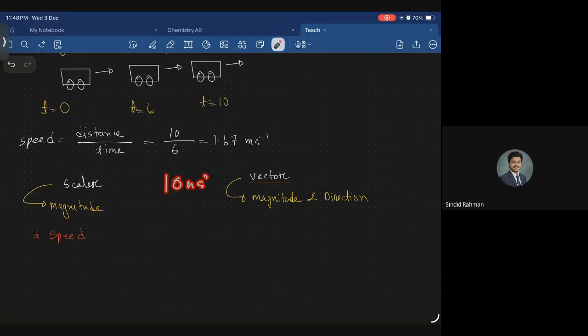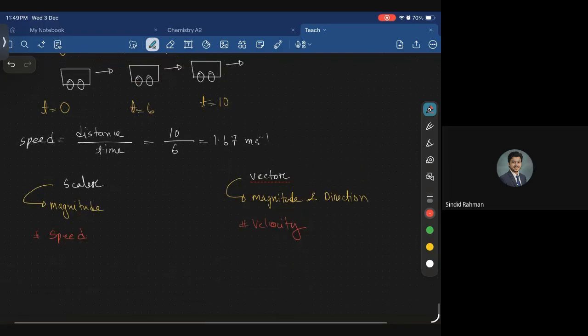But if I tell you that the car is moving with 10 meter per second speed to the right, that means it's a vector quantity, and I am defining a velocity, not a speed, as I have included direction. Clear? Yeah, clear. So velocity is a vector quantity.